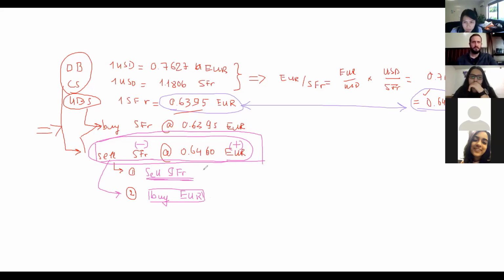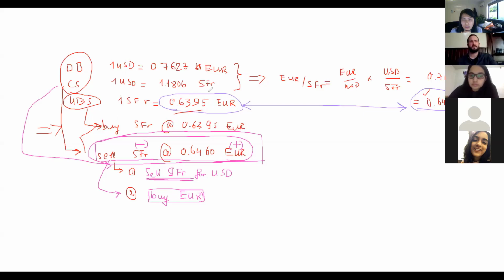Sure. So let me explain it first, and then we can go back here later on. So in the first transaction, I'm going to be selling the franc for the USD, right? Because that's what Credit Suisse is doing.